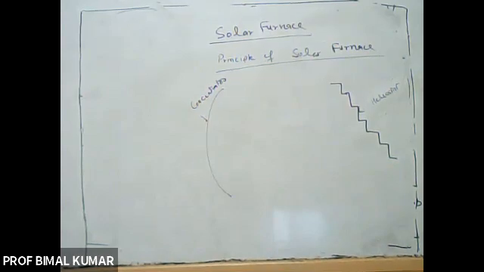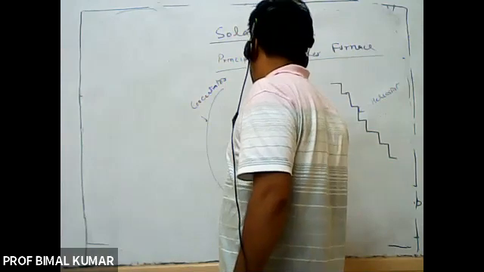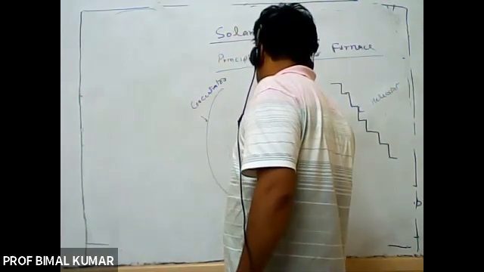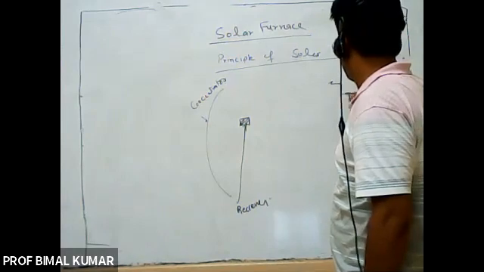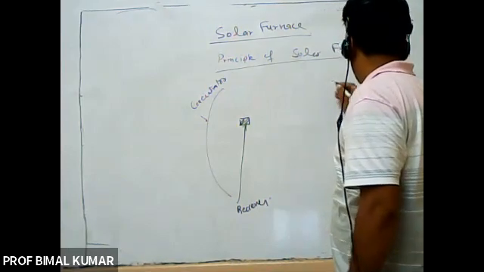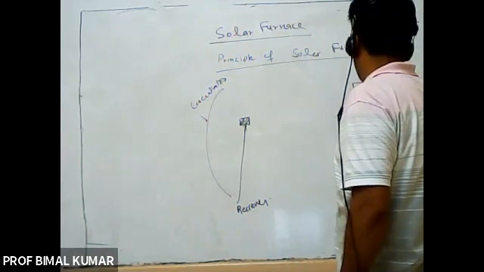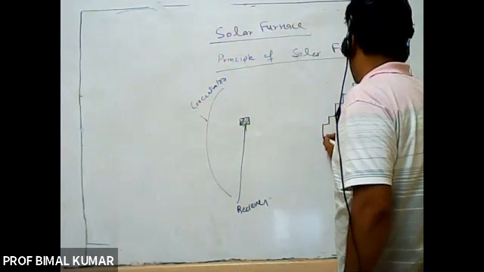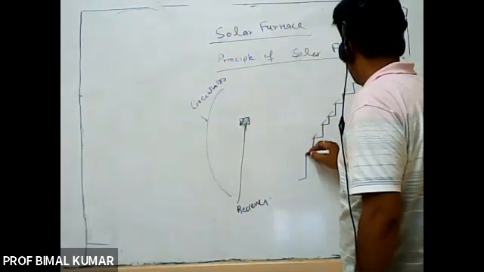So somewhere here is a receiver, fine. So what will happen is that once the solar radiation falls here, where heliostats are placed. These are heliostats.